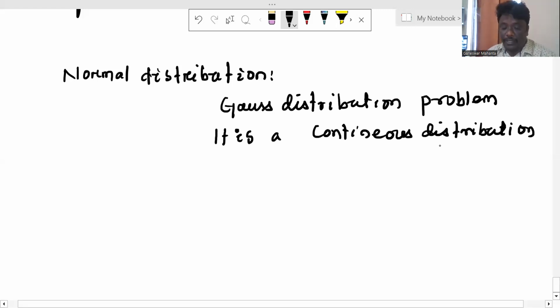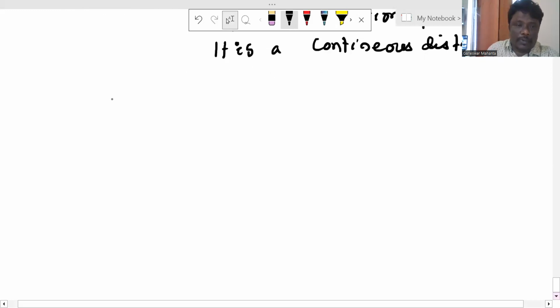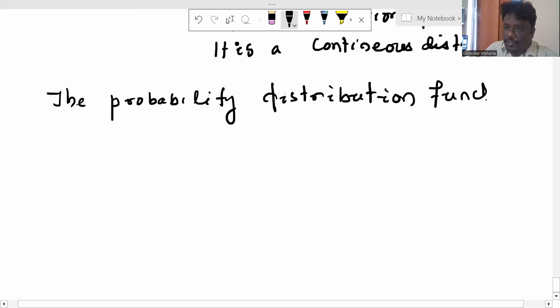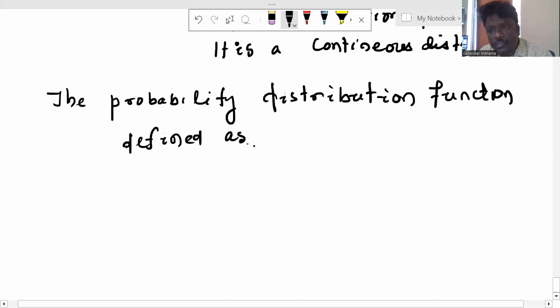And the probability density function of the normal distribution is defined as the probability distribution function. What is the probability distribution function?